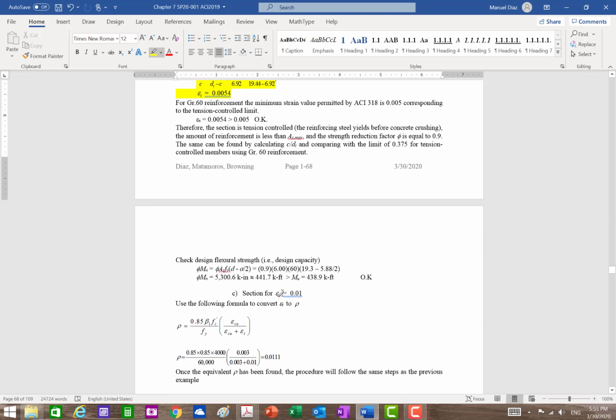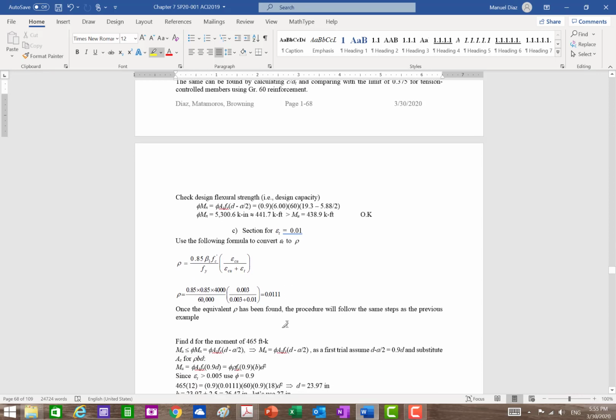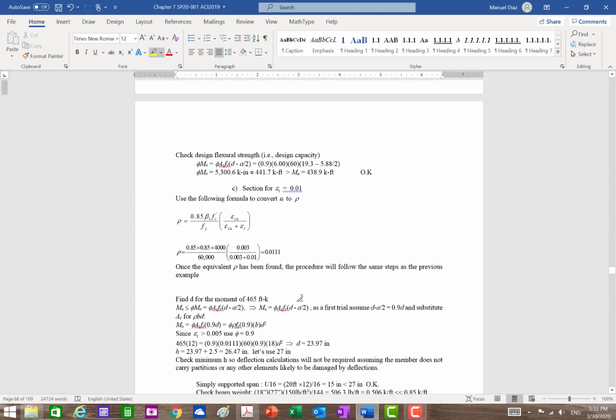The next example picks a value arbitrarily between the two numbers, 0.01. If I use a value here of 0.01, my rho value is pretty close to that, 0.0111. Then I'm going to do the same. My moment is still 465.